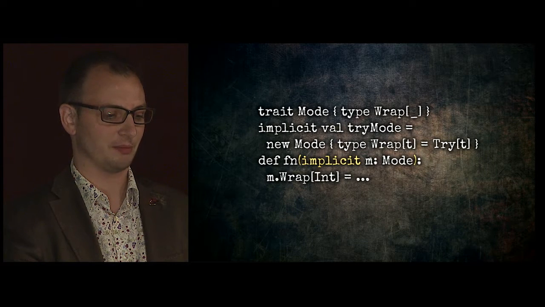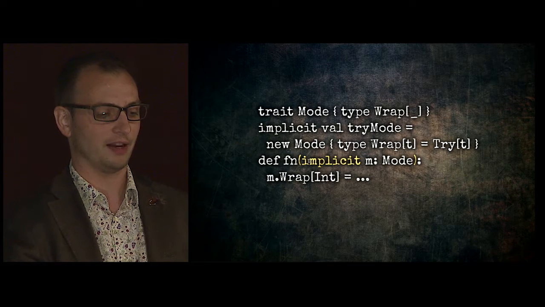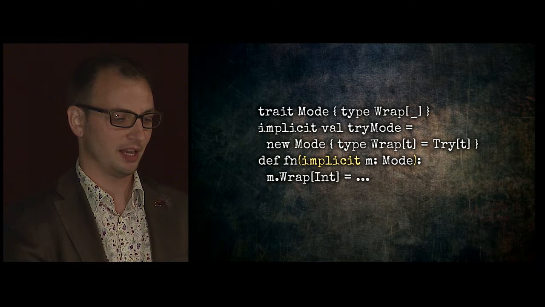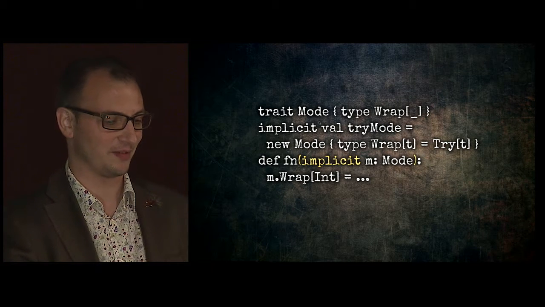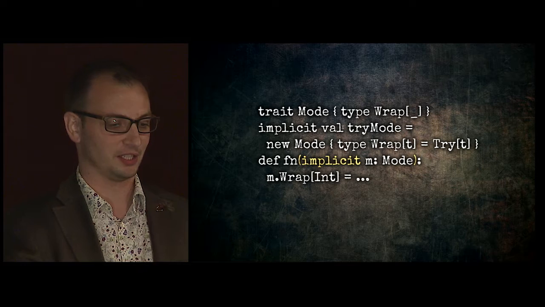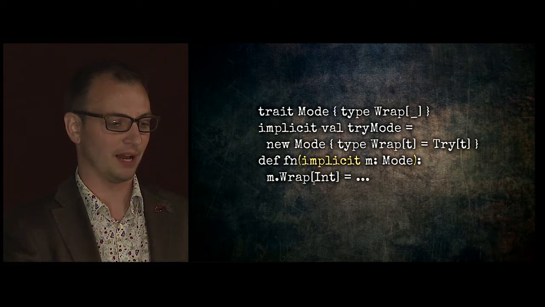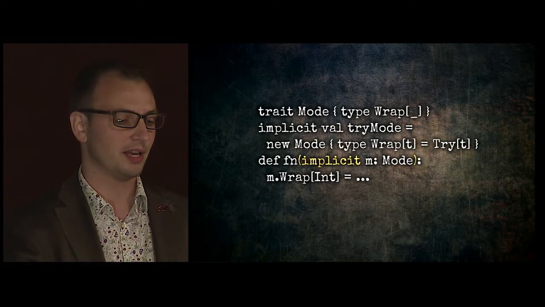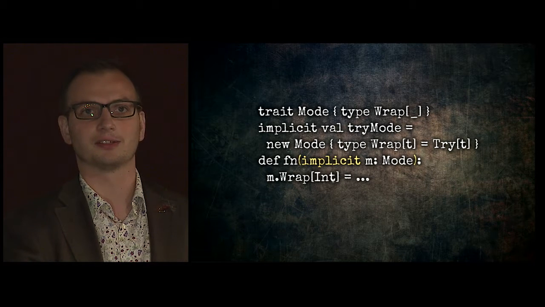So we make this parameter implicit, and when we call fn, it will look in the surrounding scope. It will find hopefully this try mode here, and the return type will be m.wrap. Now m is known to be try mode, assuming we call this in the same scope, and it will wrap int, so we'll get a try of int.